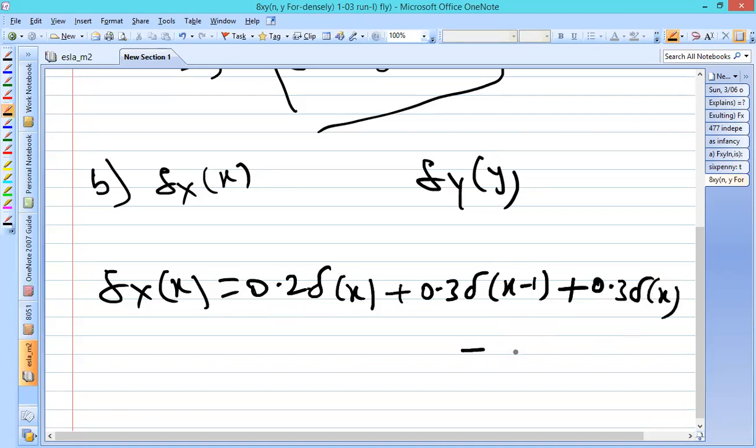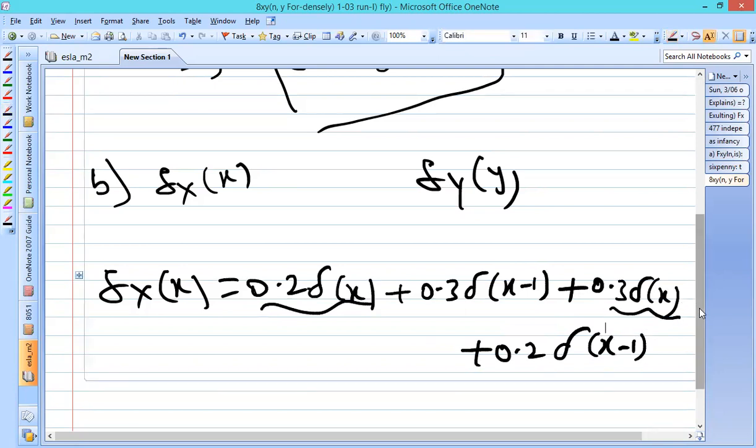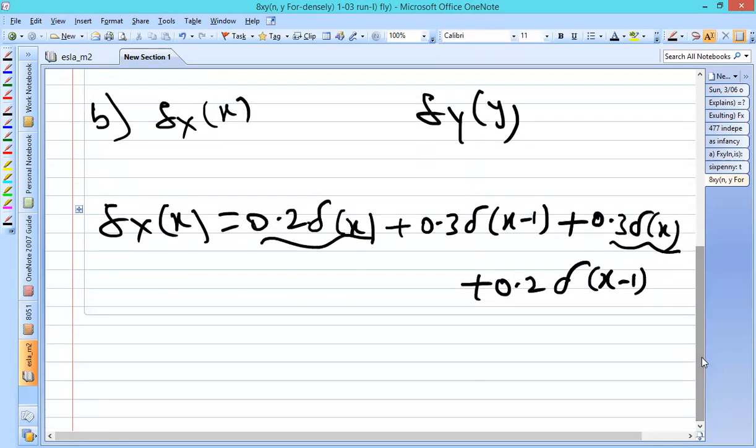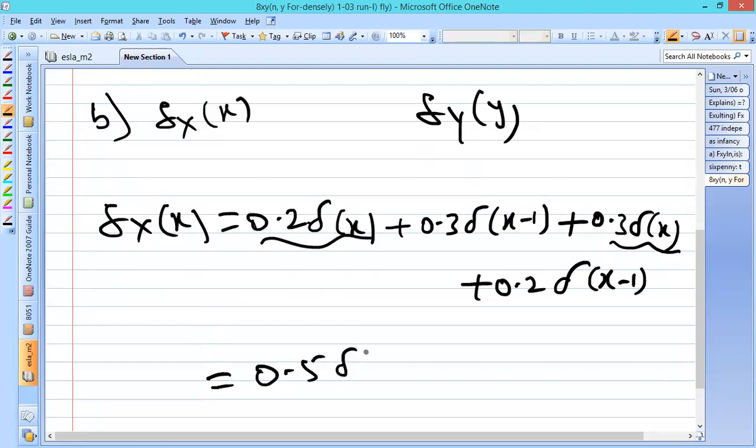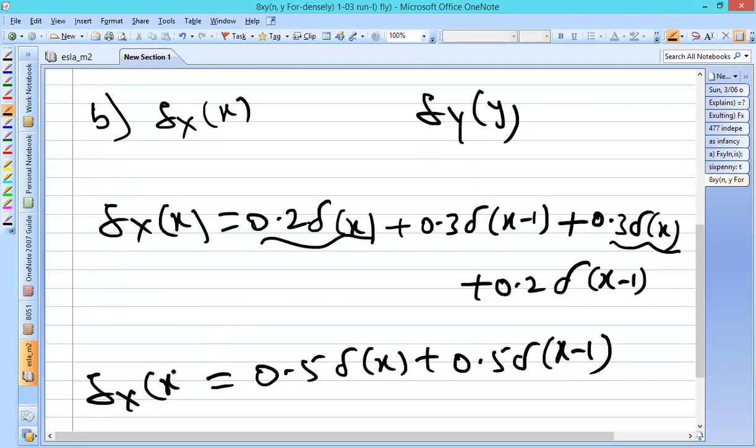Plus 0.2 delta of x minus 1. Here you can see that 0.2 delta of x plus 0.3 delta of x can be added, and similarly 0.3 delta of x minus 1 and 0.2 delta of x minus 1 can be added. So this is nothing but 0.5 delta of x plus 0.5 delta of x minus 1. This is the marginal PDF fx of x.